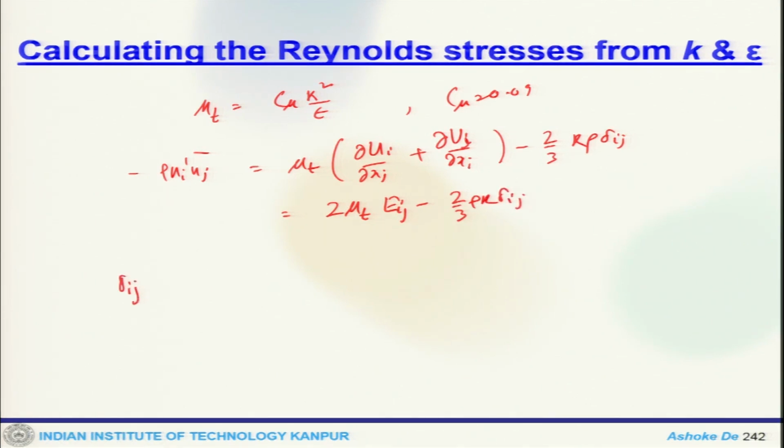Now, delta ij is 1 for i equals j, and 0 otherwise. This 2/3 rho k delta ij term is the normal stress, which sums to k, but one has to note that the k epsilon model leads to all normal stresses being equal, which is usually inaccurate.